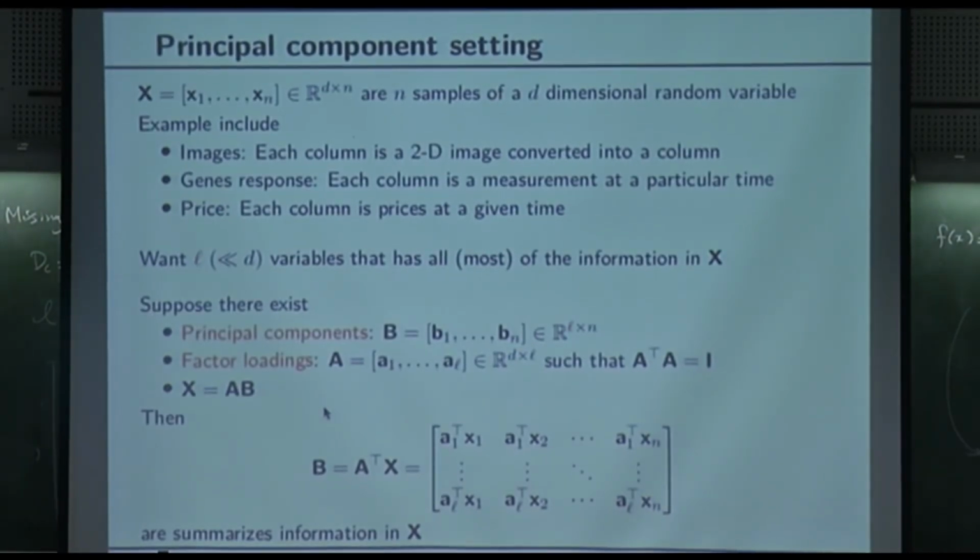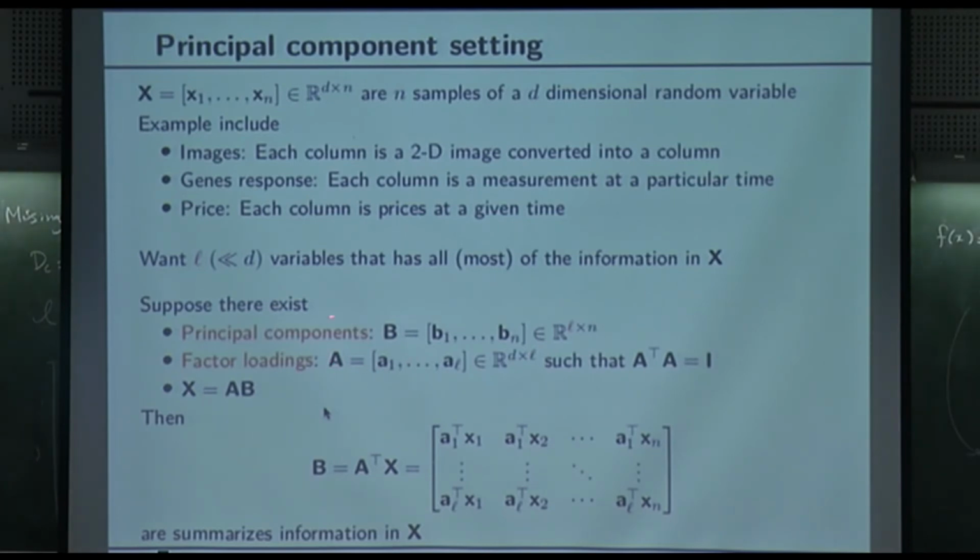Suppose there exist principal components B1 through Bn, in R^(L×n). For each of these data points, I can compress the information from D dimension to L dimension. So each of these vectors B1 through Bn are L dimensional vectors.